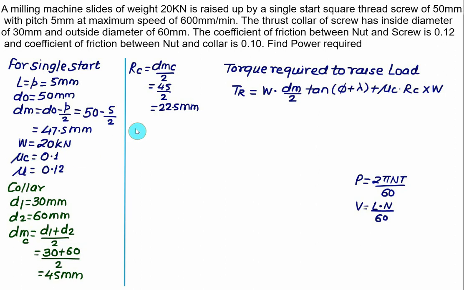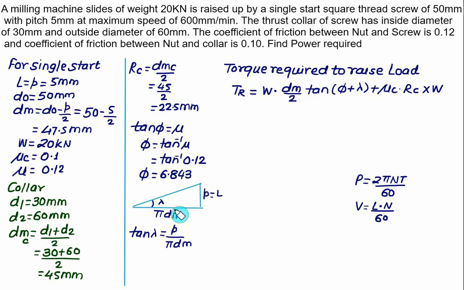So tan phi is equal to mu. In this case phi is equal to tan inverse of 0.12. So we get the value of phi equal to 6.843.